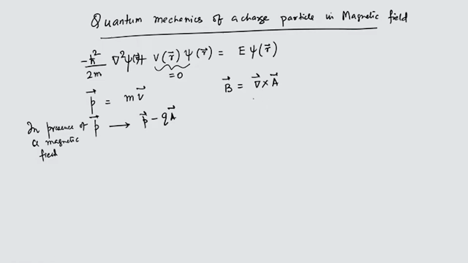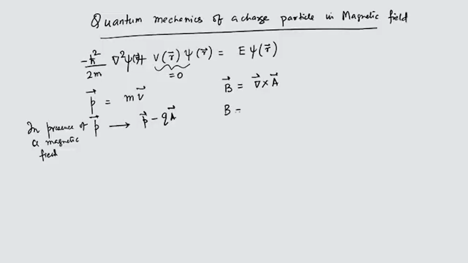Now why do I say gauge? Because when B is in the Z direction, then A can be in the X direction, or in the Y direction, or in any combination of X and Y directions. I mean, it is in a direction which is perpendicular to the Z direction. Okay, so say you have asserted that B is in the Z direction.